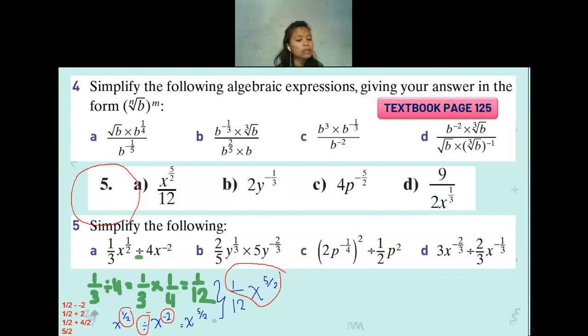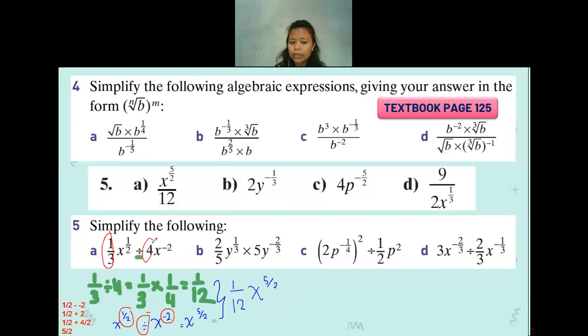Is it still not clear, or is it still confusing? You can ask. Teacher, I mean the one above, where you said x to the power of 5 over 2 over 12. We have to combine it. I told you this is the question. The question has numbers and also letters, right?